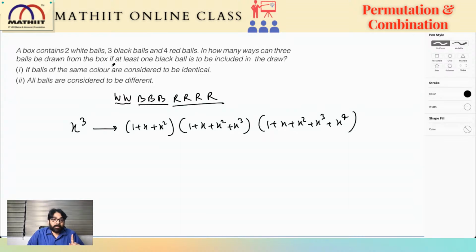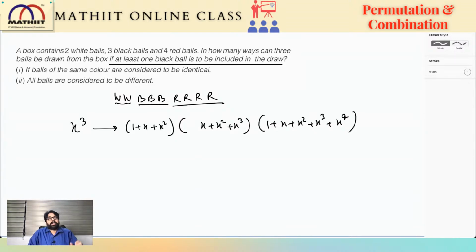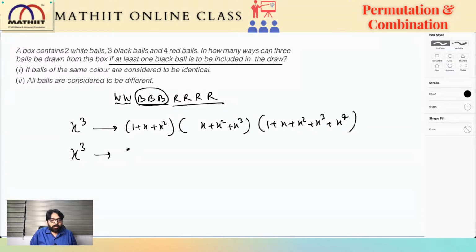No, there is a problem. If at least one black ball is to be included in the draw, it means in this bracket the 1 will not be there, because at least one x from here has to come. I hope everybody understood the point. Correct? So we will say x cube, 1 up.